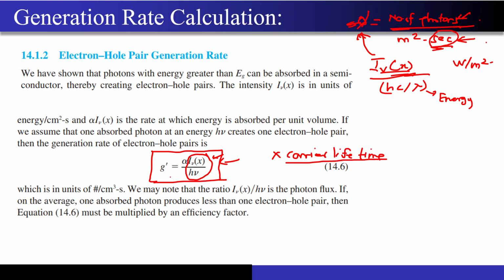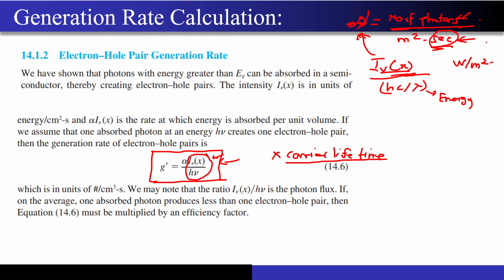The electron hole pairs that we are generating will not remain forever. The carrier lifetime tells us that this is the average time these electron hole pairs will sustain in the semiconductor, after which they will start to recombine, correct? When I want to detect the light, whatever electron hole pairs I am generating because of the shining of the light on the semiconductor material, I want to get out those electrons and holes.